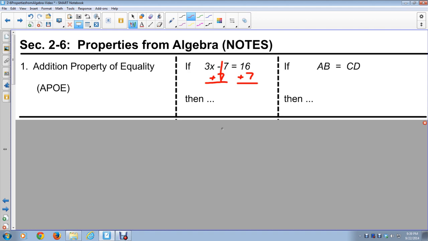Because the 7's cancel out on the left-hand side, simplifying my equation to 3x equals 23. I'm going to stop right there. I know I didn't solve it. I'm not worried about solving right now. I'm doing one step in the solving process, and I'm just showing how I can use that addition property of equality. The addition property of equality tells me I can add anything I want as long as I add it to both sides of the equation.